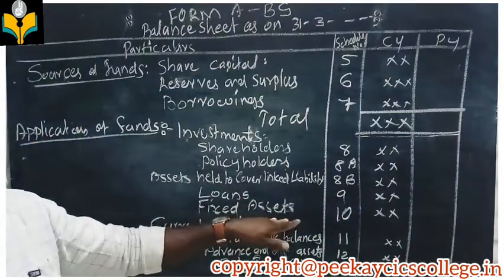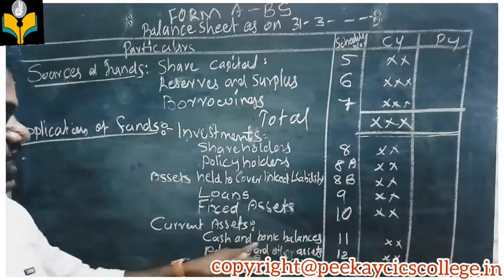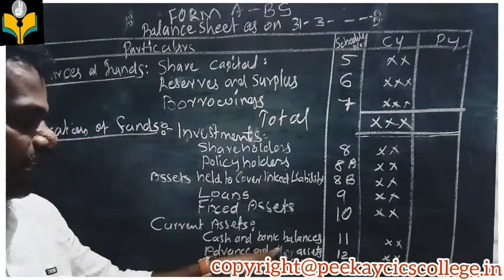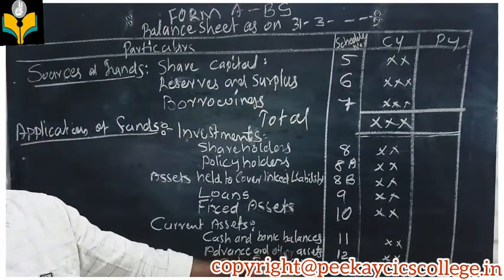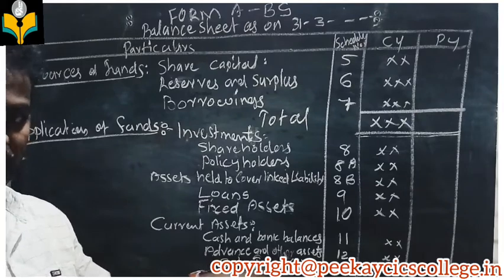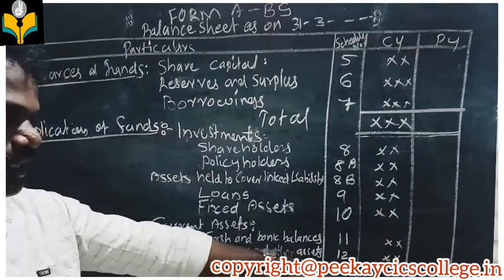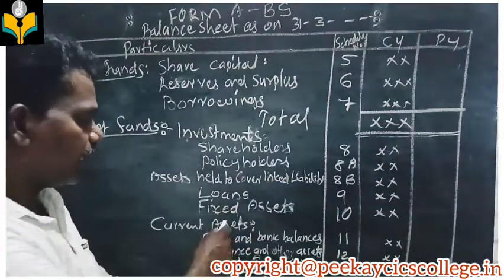Then fixed assets, schedule number 10. Current assets: cash in hand and bank balances, that means cash in hand and cash at bank. Then advances and other assets, that means bills receivable, sundry debtors, and all other advances and assets, schedule number 12. Then subtotal of current assets.